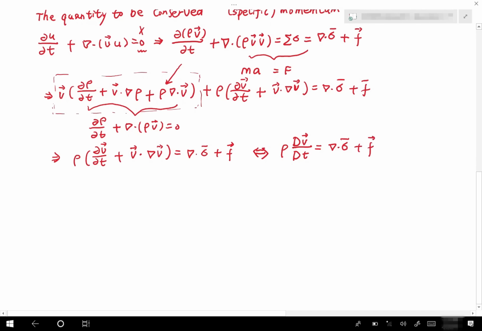Again, you can see that if you use this one, this is more like MA, or this is MdV/dt equals F, right? Let's get rid of this one to avoid confusion.